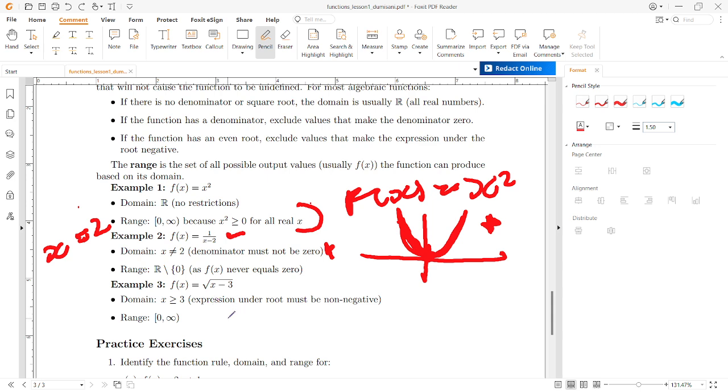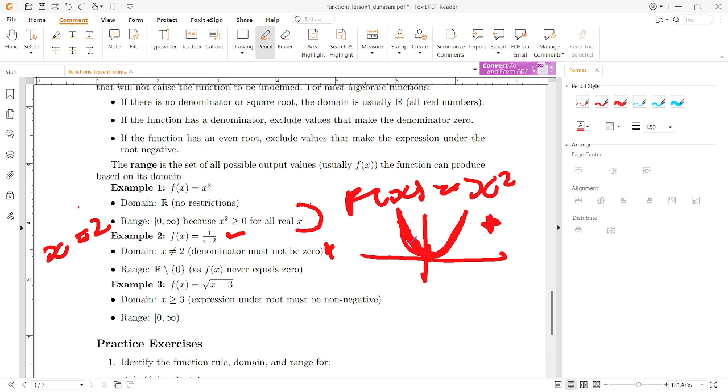In this last example, we have f of x equal to square root of x minus 3. So for a square root, the numbers that are inside should always be positive.